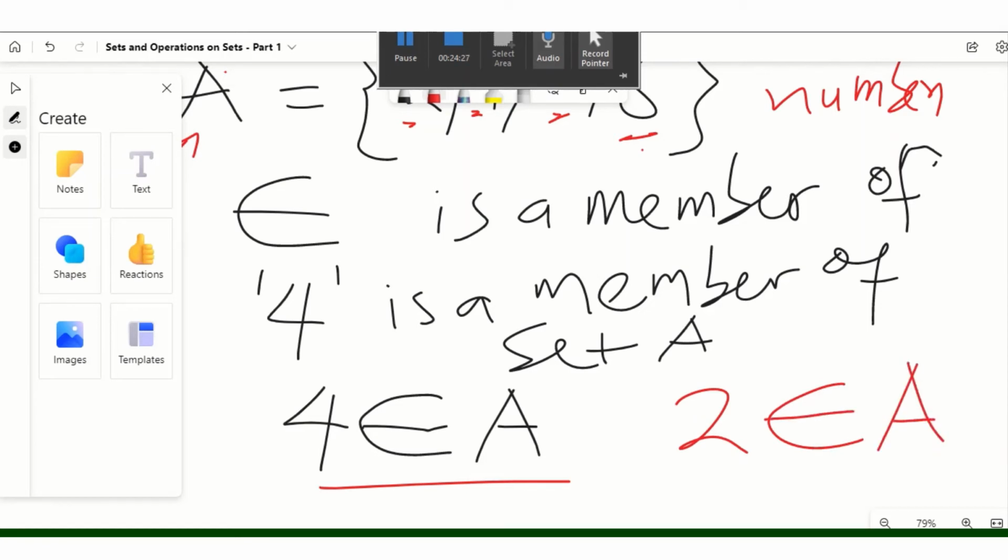The moment you see this, you know you are talking about sets. 2 belongs to A, not A belongs to 2. So 2 is a member of the set A. This symbol, remember it. It means "is a member of." Okay, so we'll be bringing the class to a close very soon.